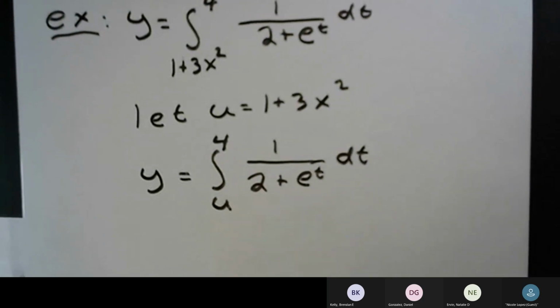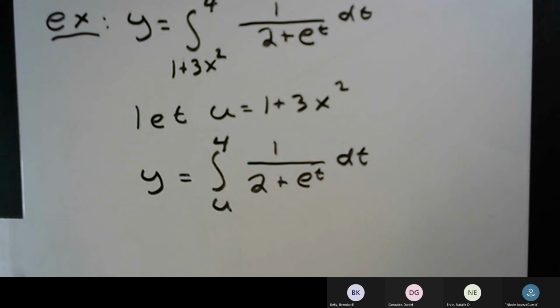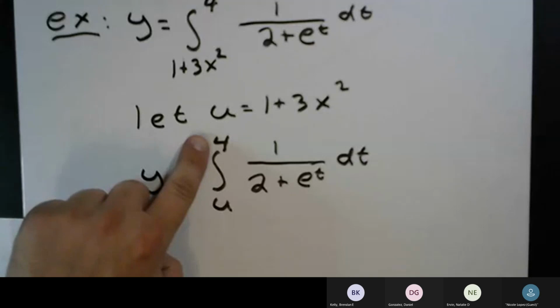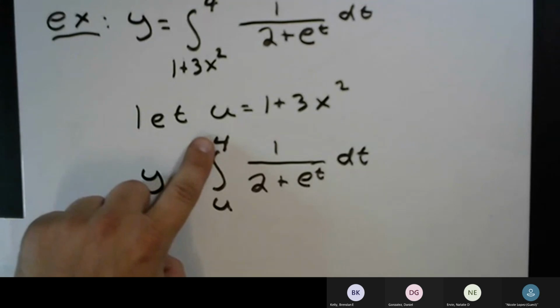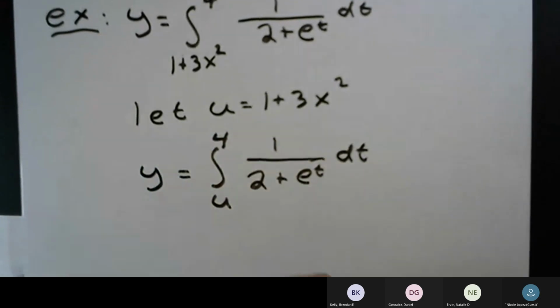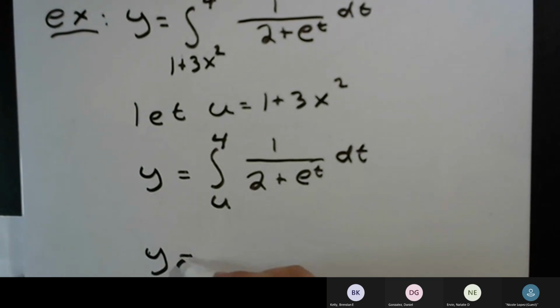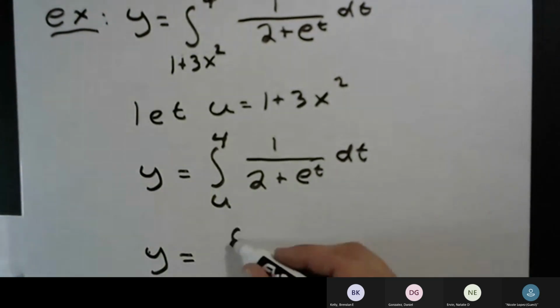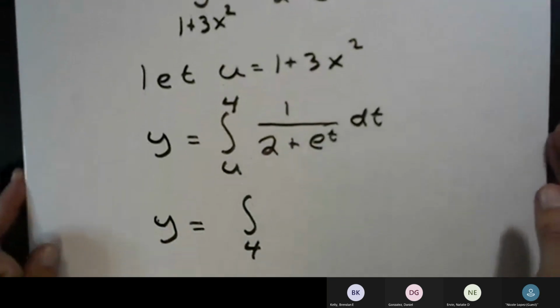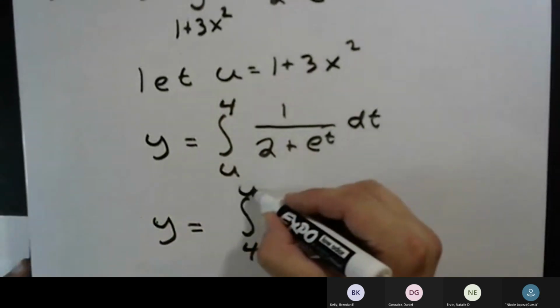Now, the thing here, though, is before we had the constant on the bottom and the variable on top, but clearly that's not what we have here. We got the constant on top, the variable on the bottom. So what we're going to do, we're going to reach back to those properties that say we can switch the order of the bounds.